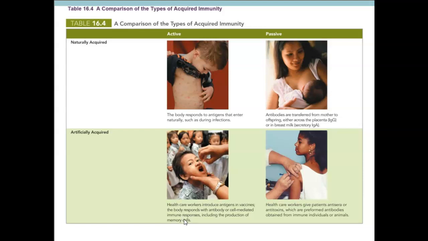We use the pieces of viruses or bacteria that have a lot of epitopes and then put them into the vaccine so that your T cells and your B cells get exposed to them, get an amount of response, so that you have the secondary immune response instead of the primary immune response if you get exposed.